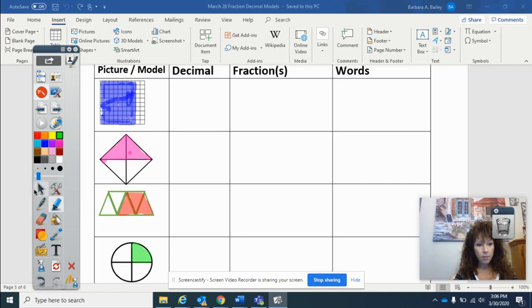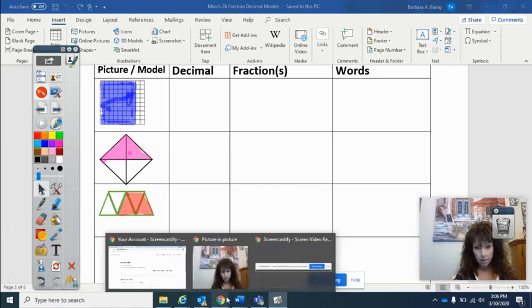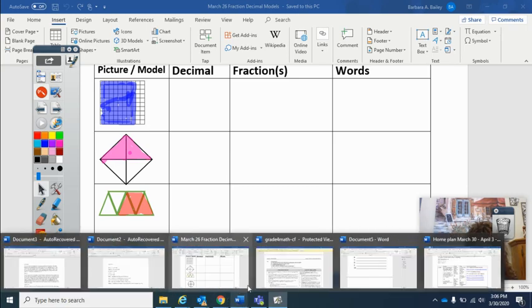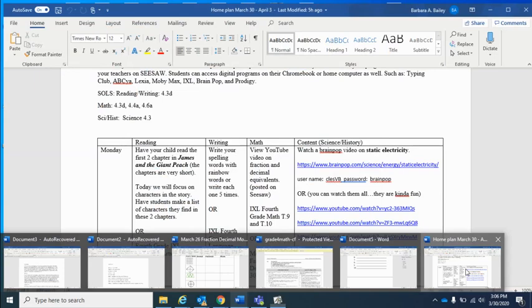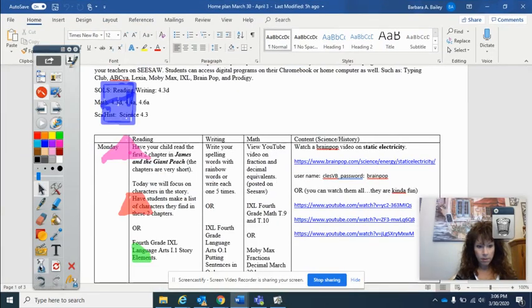Okay, and then when you're done with that, what I want you to do as a follow-up is you should have received this lesson plan by Seesaw. So let me clear out all that. And for today, you're going to go on IXL 4th grade math and work on the skills T9 and T10.